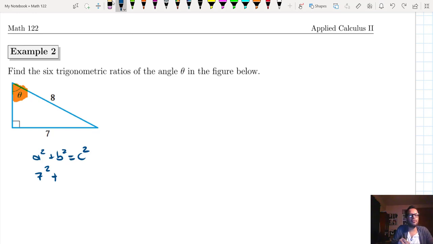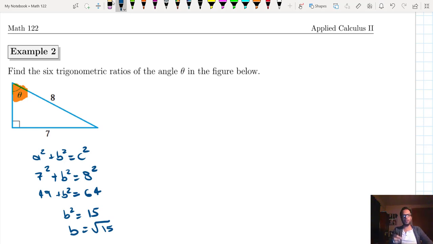So 7 squared, which is 49, plus b squared equals c squared, which is 8 squared, which is 64. If we subtract 49 from 64, we should get 15. And b will be, again, take the square root, square root of 15.